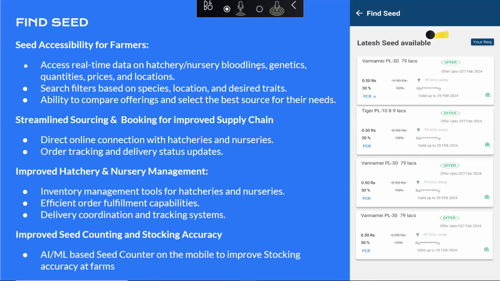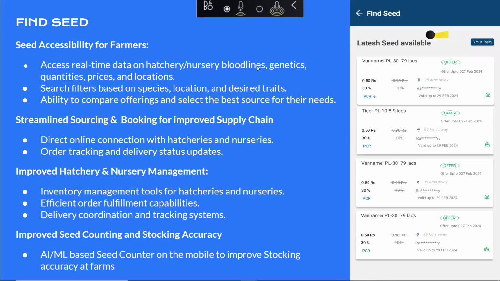If they have Banani PL30 and what price they are going to give, if they have any special offers, they can also add their PCR reports and various tests for the seed.